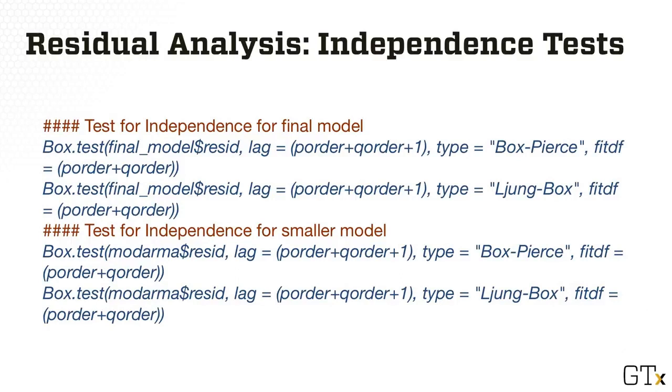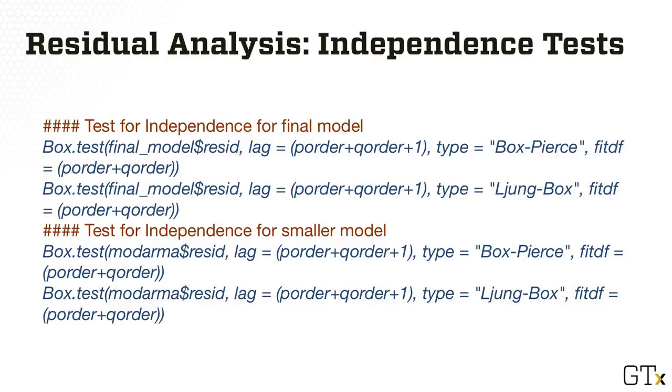The R command used is Box.test, with the specification of the time series to be tested for correlation, the maximum lag to be used for the test statistic, here the sum of the 2 orders plus 1. Also, the type of the test, here I specify both the Box-Pierce test in the first line and the Box-Ljung in the second line.